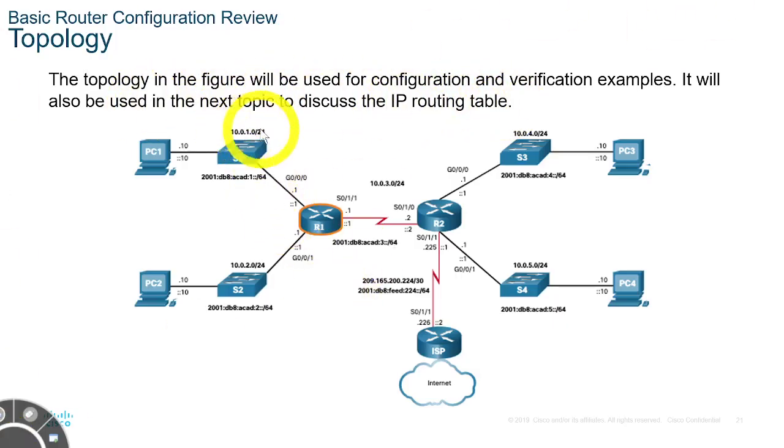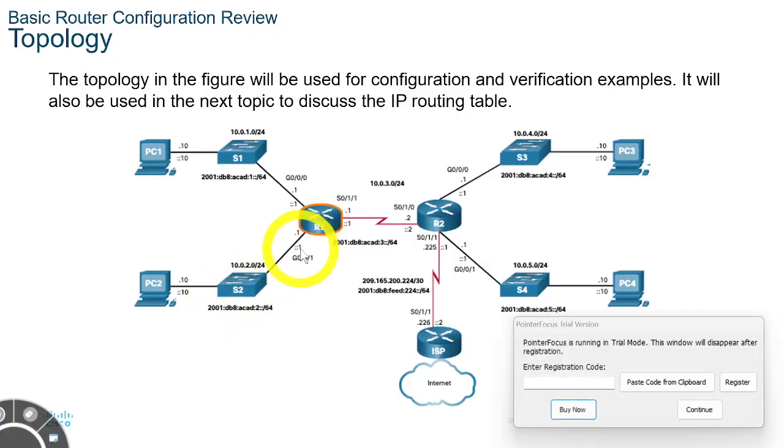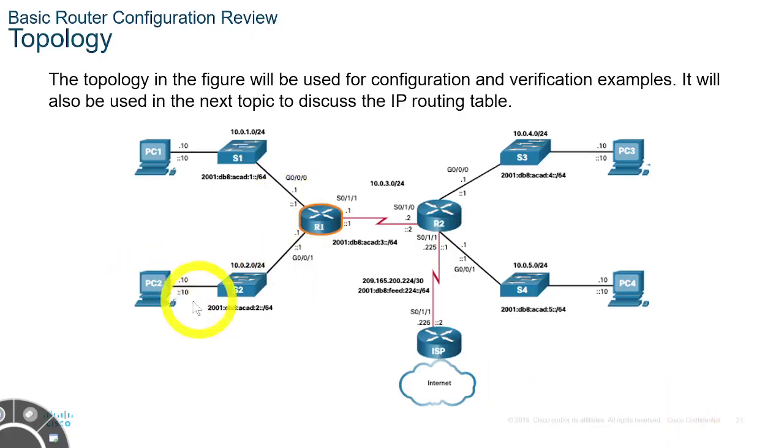Look here, this is the network address 10.0.2.0/24, and you see this is 1, which means this is 10.0.2.1. This is also the IPv6 address, with 1 here. These are the IP addresses of these interfaces, and here the same.